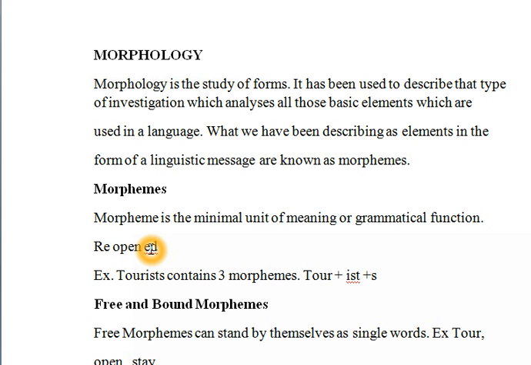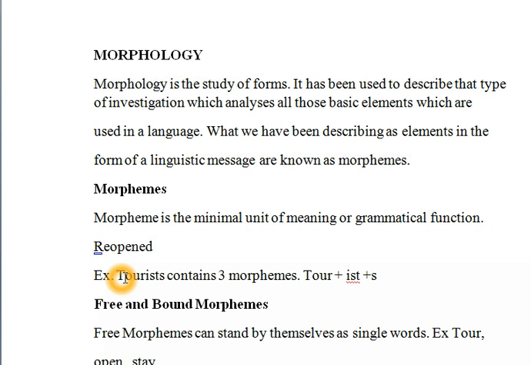By adding these bits of words, we can change the time or duration of this verb, into the past or the past participle. So we are not going to study this word as one word, rather we will study it as 3 parts.